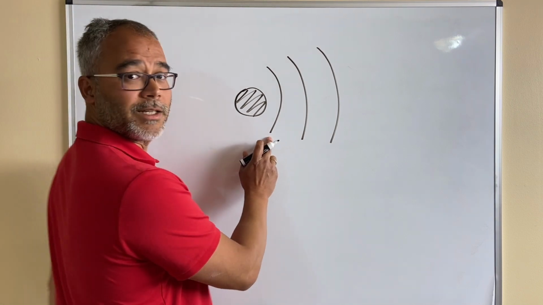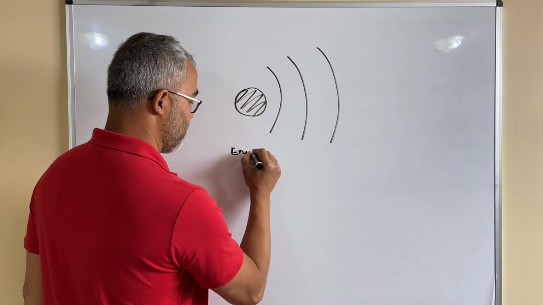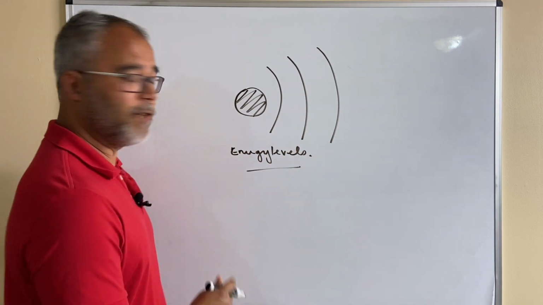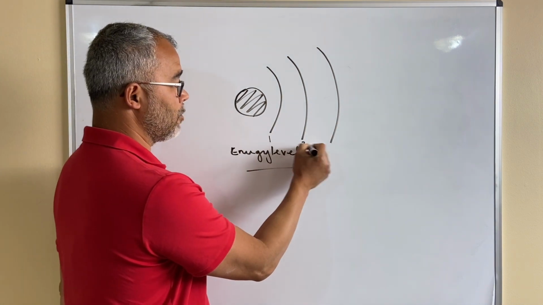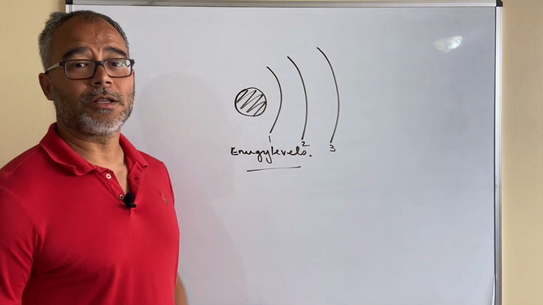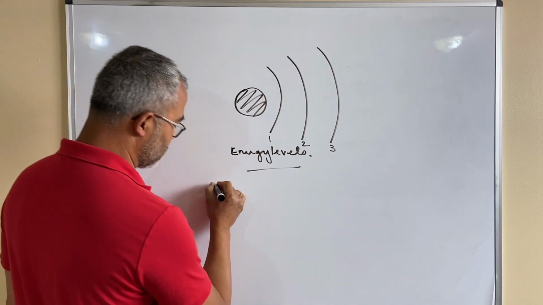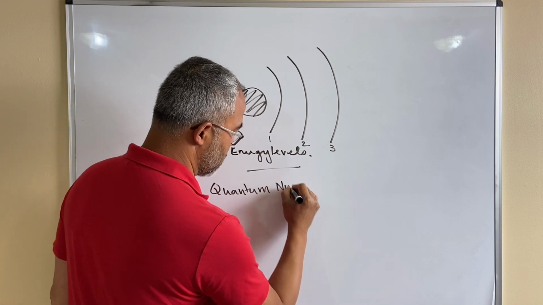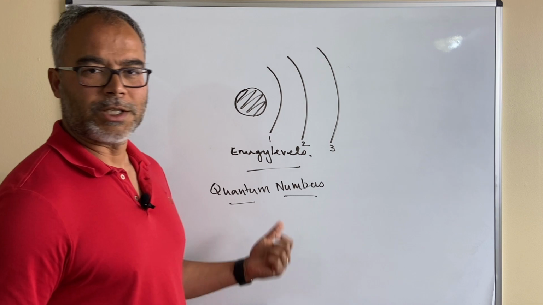The first shell, these are called energy levels. If you just count outwards from the nucleus, that would be 1, that would be 2, that would be 3. These energy levels are also called quantum numbers. Don't get too worried by the term quantum numbers, it's just a name.